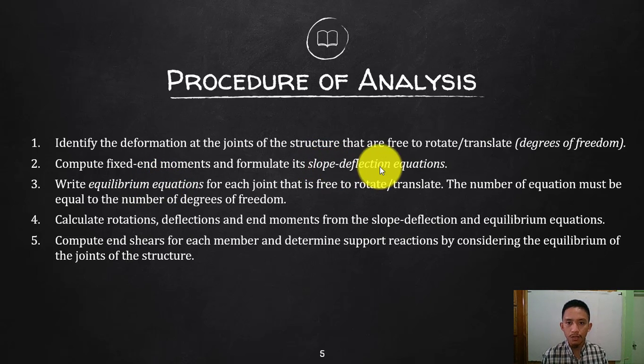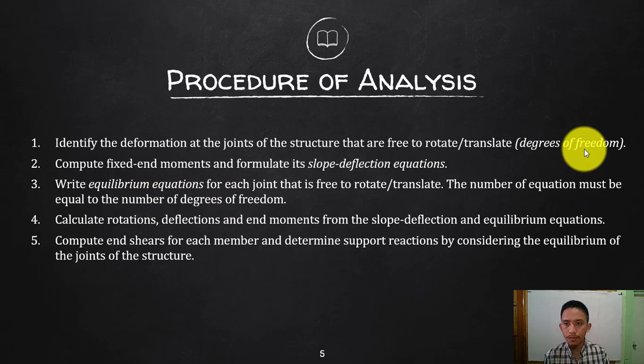Of course, what we are going to formulate is slope deflection equations. Then once you have these slope deflection equations, these are equations of the end moments of your members. Then we will be using that to formulate the equilibrium equations for each joint that is free to rotate or translate. So again, the number of equations must be equal to the number of degrees of freedom.